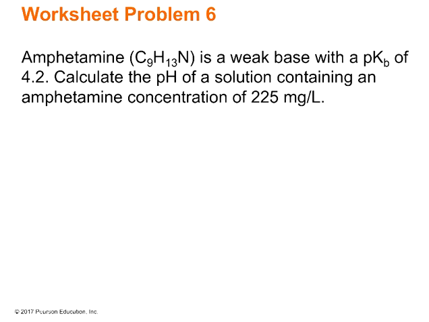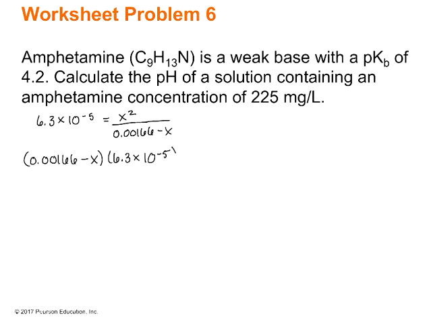Okay, so let's set up that same expression for Kb. But this time we're not ignoring that change in x. So we're going to multiply 0.00166 minus x by 6.3 times 10 to the negative fifth, and then that is equal to x squared.